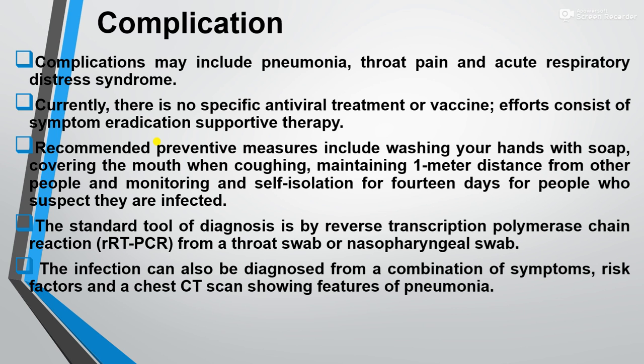Efforts consist of symptom relief and supportive therapy. So, inshallah, with the passage of time, the treatment protocol will be developed as well as the vaccine. They are also under trial, under investigation.